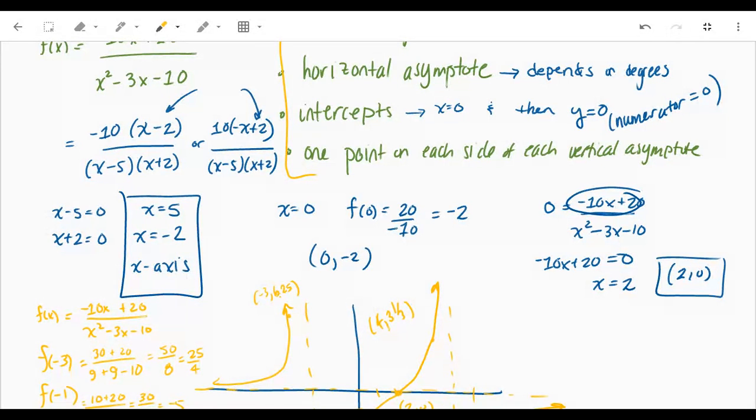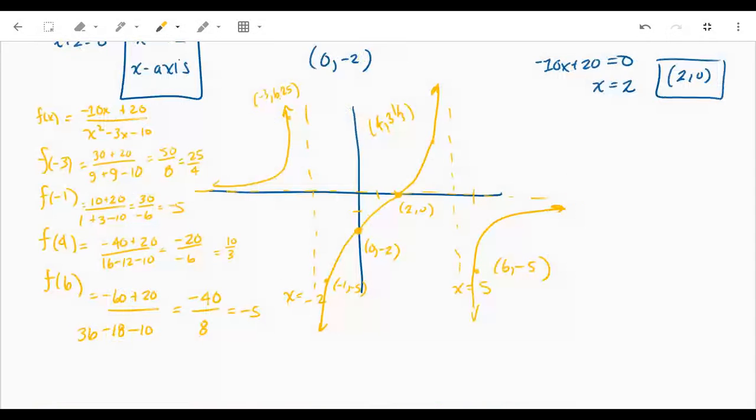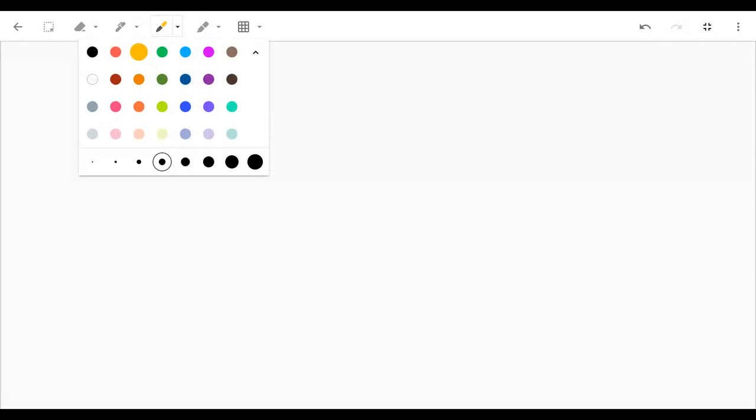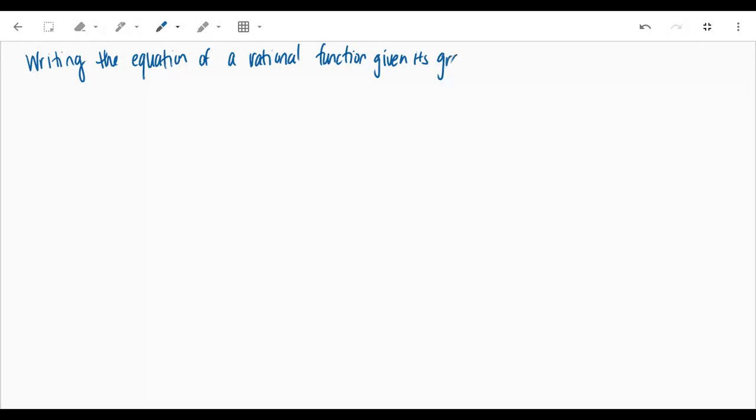We have writing the equation of a rational function given its graph.